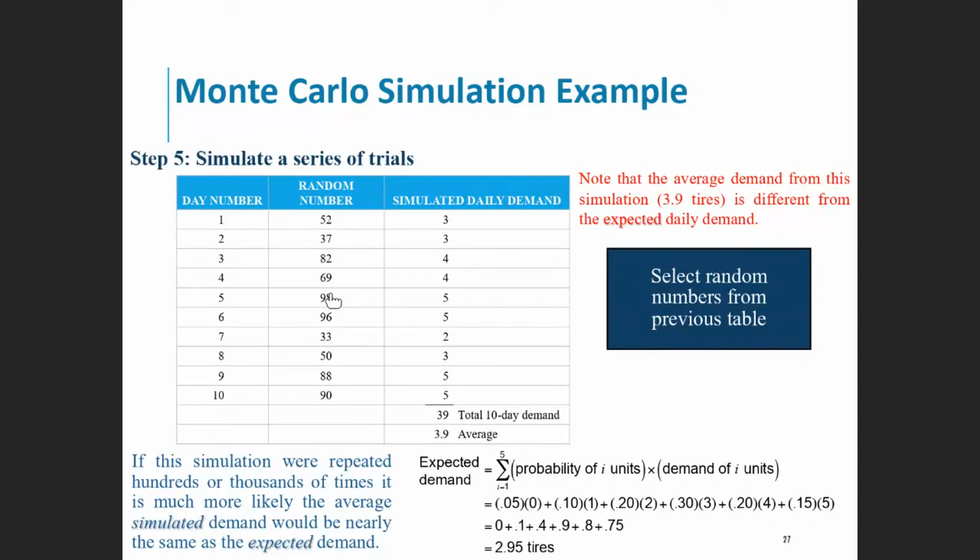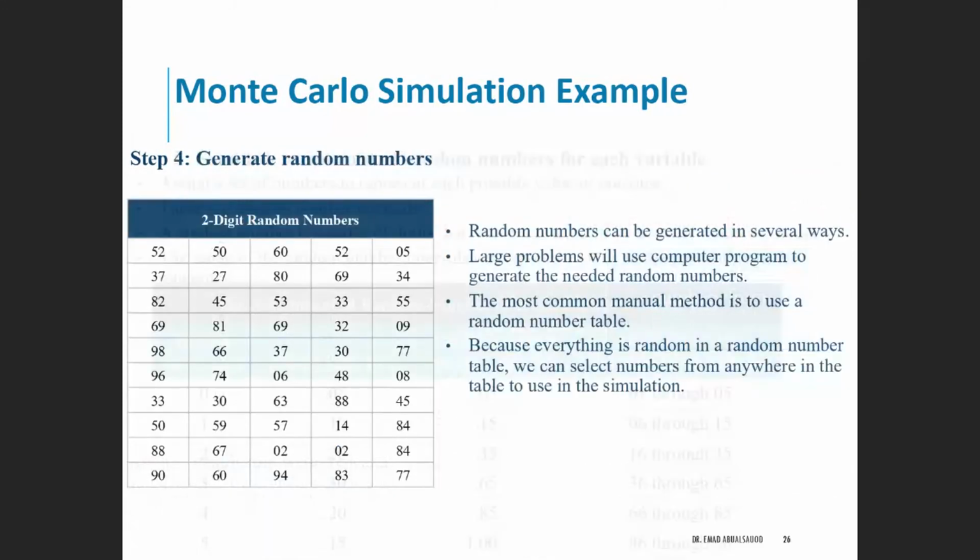But how are these values found, the simulated demand for the tires based on the simulation now, not based on what happened exactly? So what you do, you go and see where this number falls in the interval you have done in step number 3.